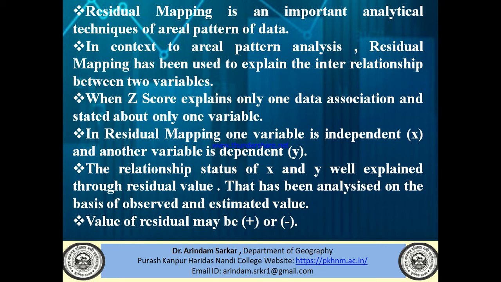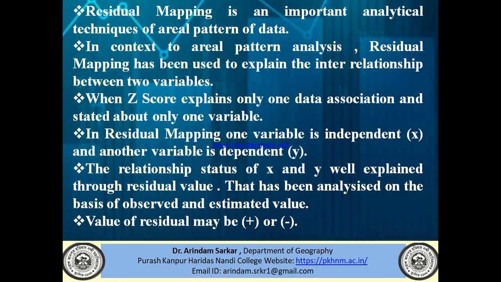In the context of areal pattern analysis, residual mapping has been used to explain the interrelationship between two variables. The z-score explains only one data association and states only one variable. But in residual mapping, one variable is independent, which is considered as x, and another variable is dependent, which is considered as y.